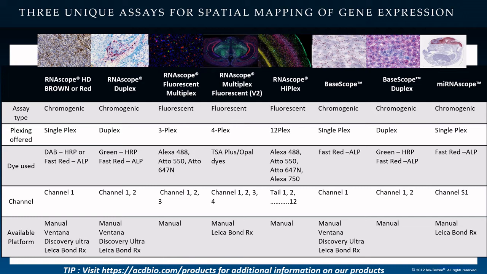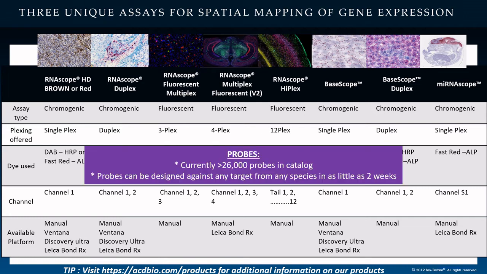You also have the BaseScope singleplex or duplex assays, and you have the microRNAscope assays that allow for short targets. We are coming up with an expansion of the RNAscope HiPlex assay very soon that will allow you to detect up to 48 targets simultaneously on a single tissue section. If you want to learn more about this assay, stay tuned for our new product introduction webinar and you can get more details on it.